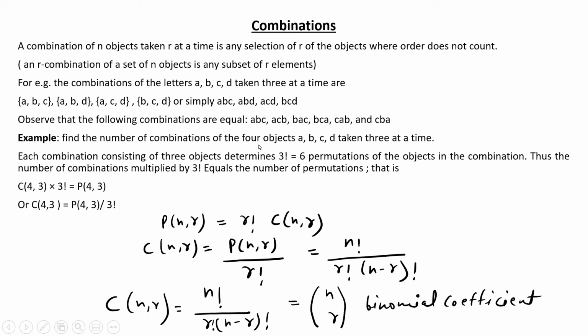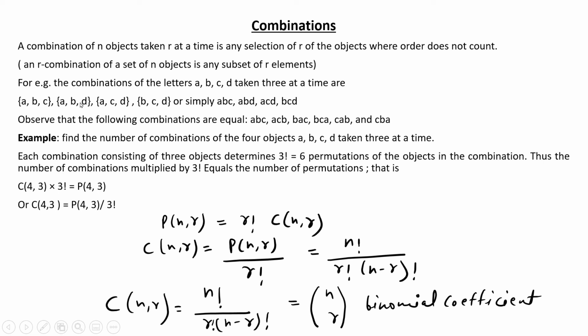So let's take an example. Find the number of combinations of the 4 objects ABCD taken 3 at a time. So we have these combinations. Each combination consisting of 3 objects determines 3 factorial, equal to 6, permutations. So ABC will have 6 permutations, which are ABC, ACB, BAC, BCA, CAB and CBA.